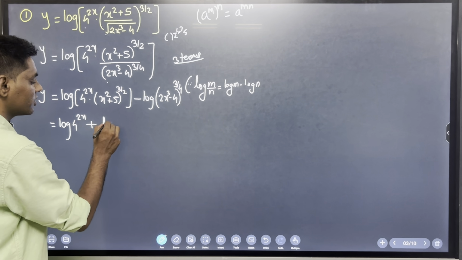After utilization of both properties, use the third property, that is the exponent property. What is the property? Log of m raised to n equals n into log of m.